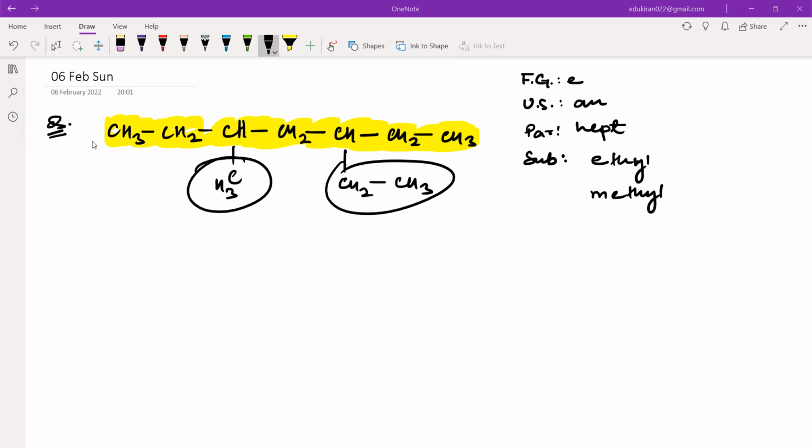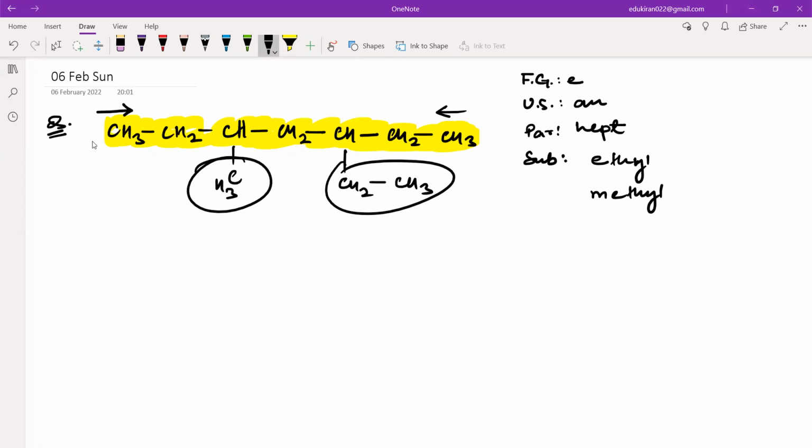Now you tell me where I will number from. Should I start numbering from left to right or right to left? I believe right to left. Okay, now why is that? Whatever we have learned till now, both of these are fine. So whenever you get confusion in numbering, where everything seems the same and lowest locant is not working, keep alphabetical order in mind.